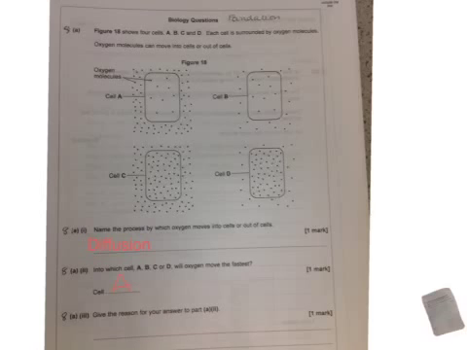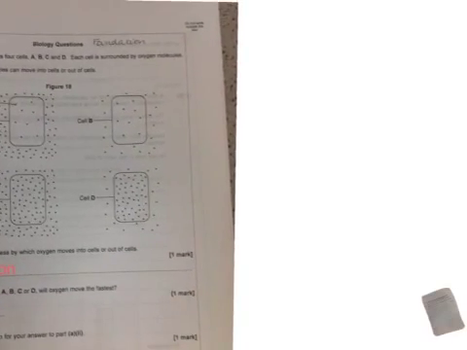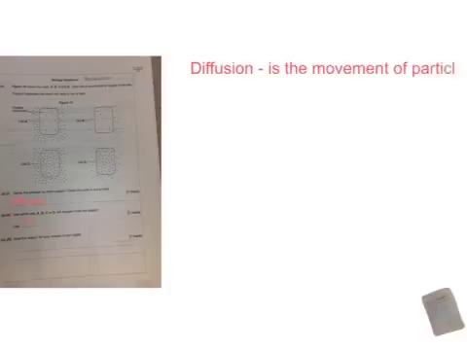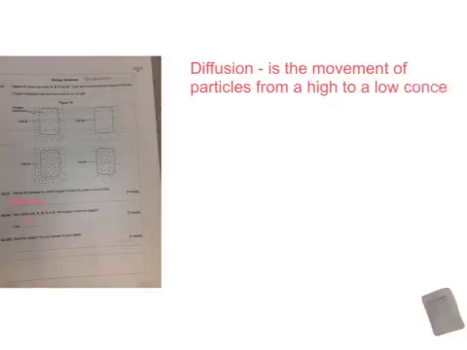Just move this out of the way. Okay, so diffusion is the movement of particles from a high to a low concentration.